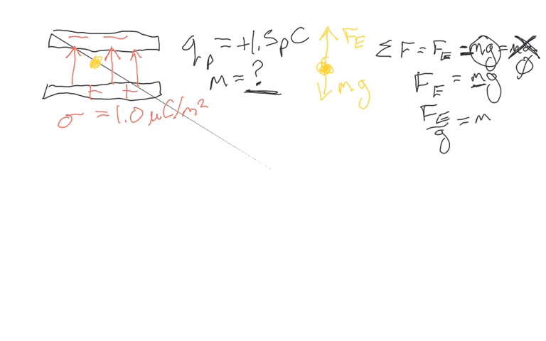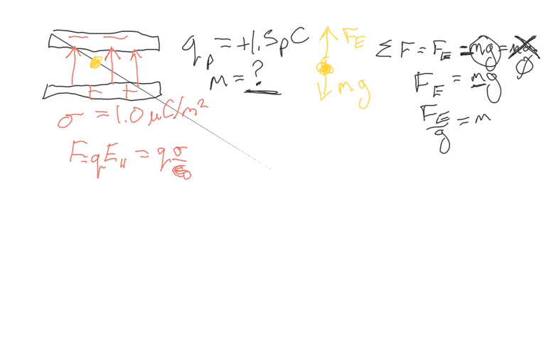So the big question is, well, what's the electric force? Well, we know that the electric force from parallel plates is going to be equal to the charge times the electric field from parallel plates, and we know from previous examples that's just the charge density divided by epsilon naught. That is a horrible epsilon, it just looks like a lowercase e. That's not much better, looks like a claw, but we're going to go with it. And so that's epsilon naught.